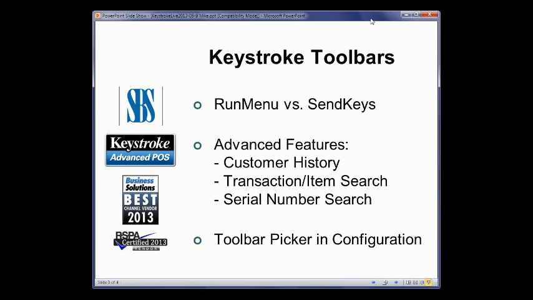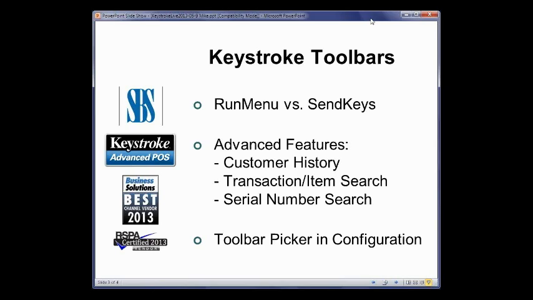I could pick one item and see what transactions it's on. We also have a serial number search. It's a lot more friendly than trying to go to Report Manager and use filters. Right in Sales Manager, you can use our advanced toolbar to pick an item and then just search for a serial number on the list. And I've got some examples I'm going to show you in our tutor data.